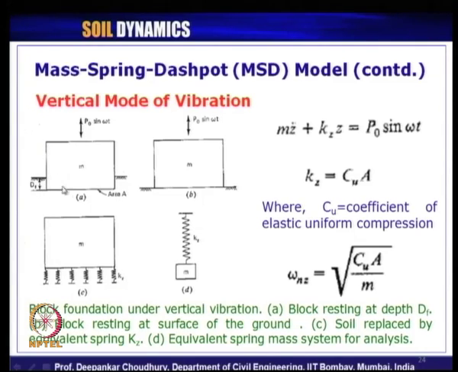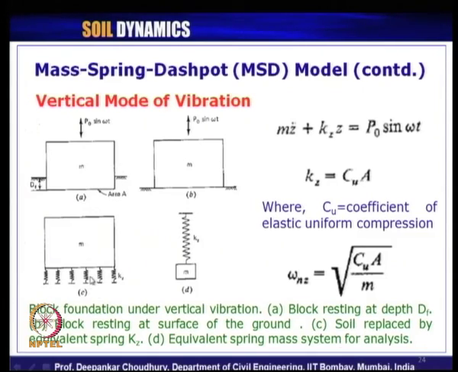This is the embedment depth. Base area is A. This is the dynamic load P naught sin omega t. And in the second picture, it is showing block resting on the surface of the ground, which is obviously not the case. We have to always provide a minimum embedment depth of 150 mm.